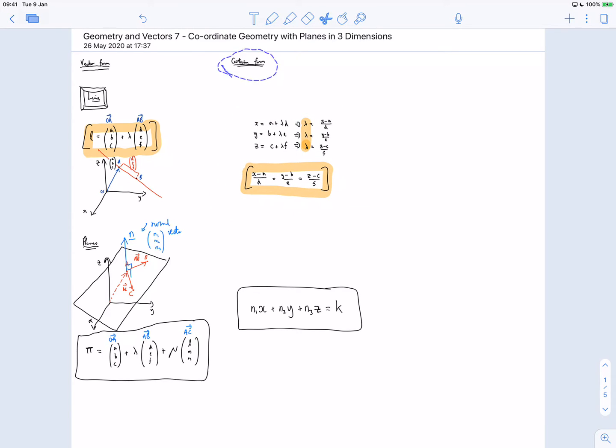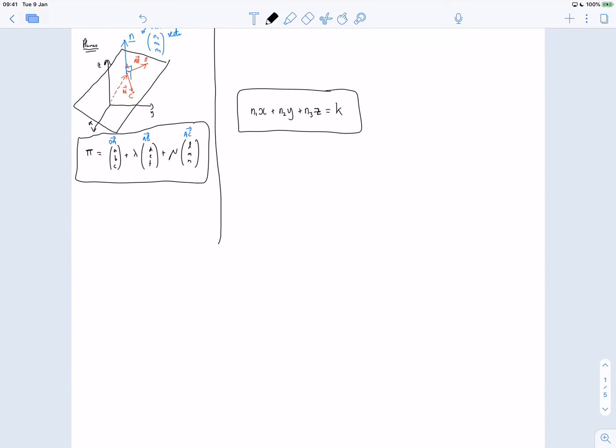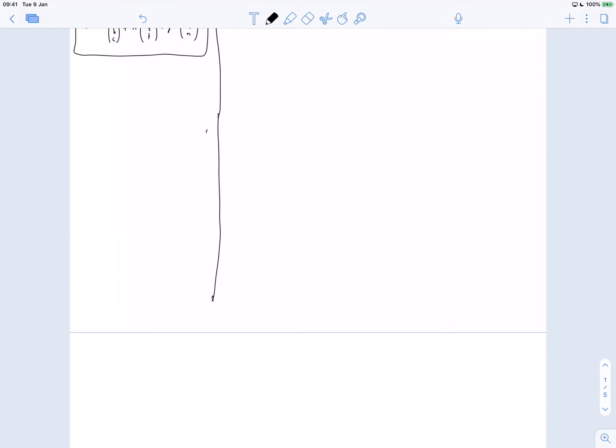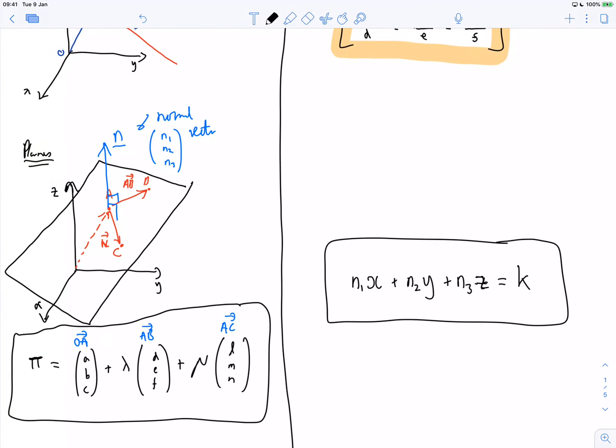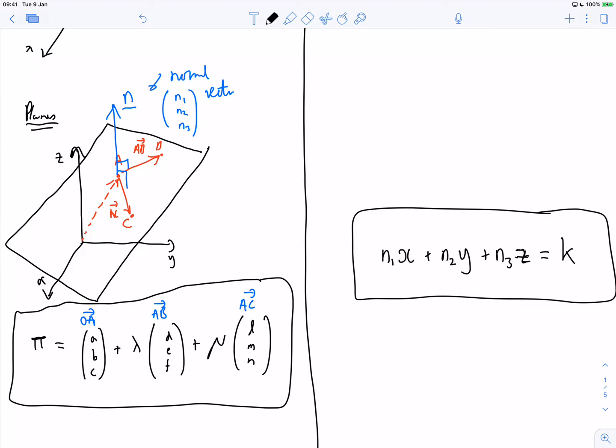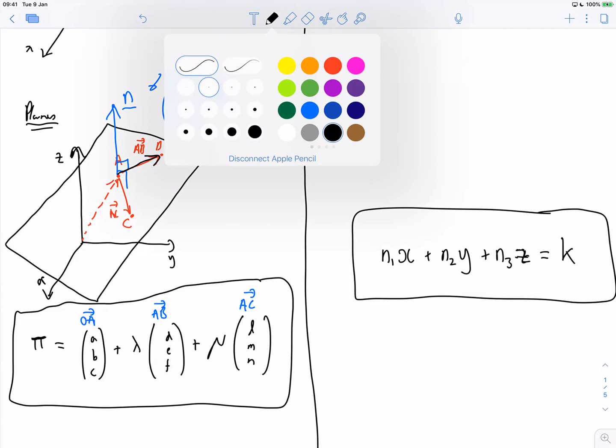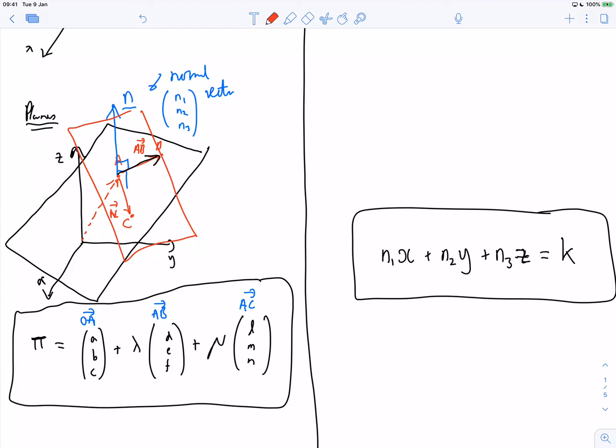So there's a couple of things to unpack here. Why is that the case? Well, firstly, it's pretty common practice that planes are defined by their normal vectors. Why is that? Because if you gave me a vector and said it was on the plane, that doesn't really tell me much. For example, if you give me the vector A to B, then I could think of another plane that pops out of it at a different angle, slanting upwards.